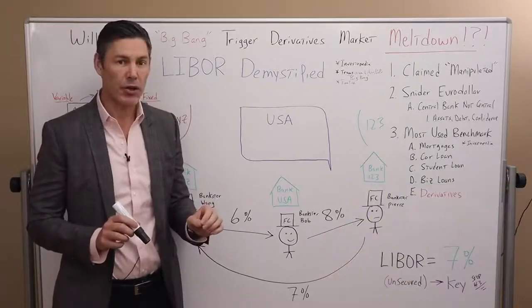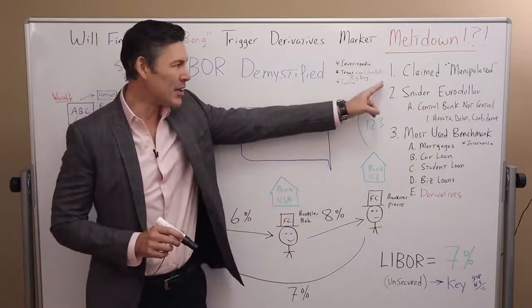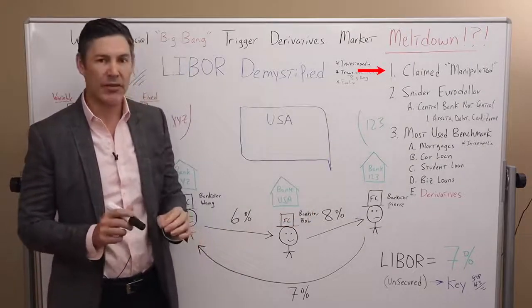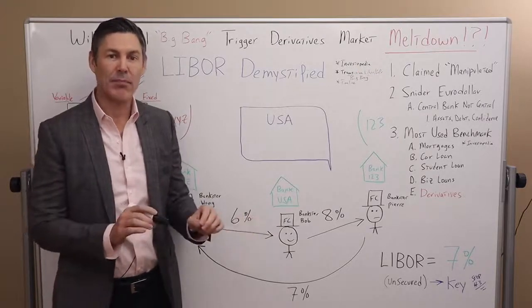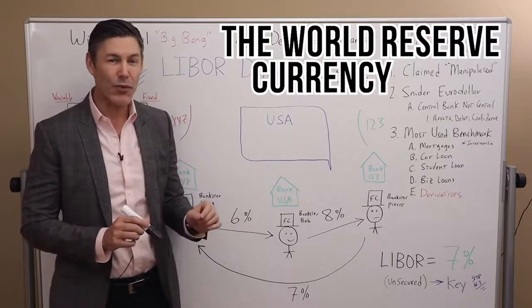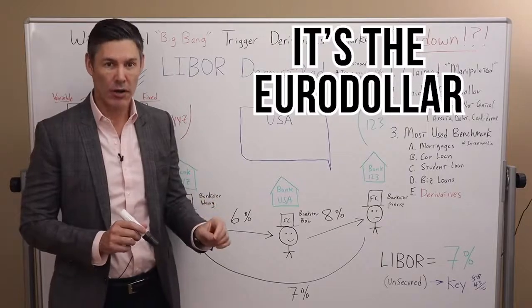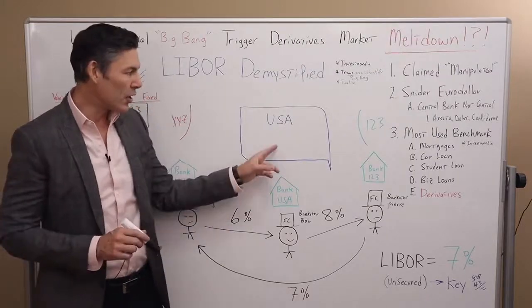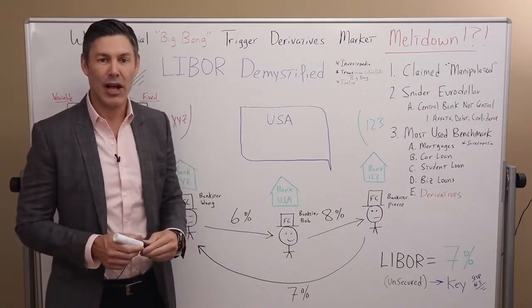And Jeff would argue they're making this transition not really because it's manipulated and they want a better system, but more so the LIBOR rate exposes the fact that the world reserve currency really isn't the dollar, it's the eurodollar. Because think about this, if you're getting a mortgage in the United States, it's most likely going to be based on LIBOR.